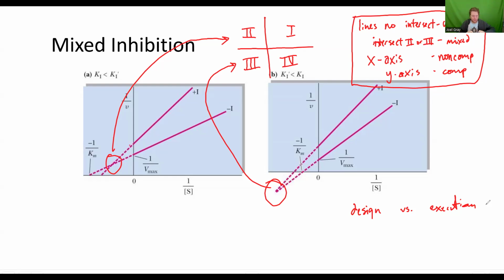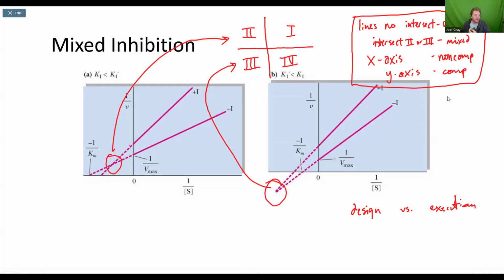So you've designed the molecule and you think, oh, it's going to do this, this, and this. Perfect. That's going to be an uncompetitive inhibitor or a non-competitive or a mixed. But until you actually plot it, you can't really say with much confidence that's what it does.